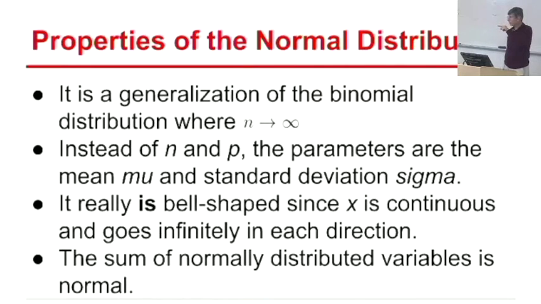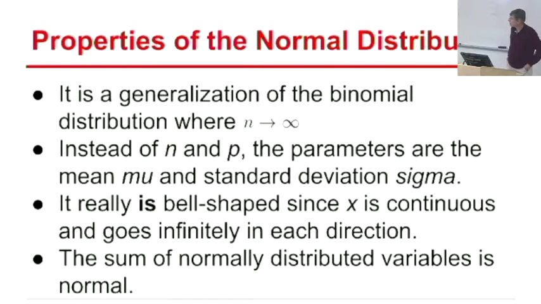Is that right? And if I add a normally distributed value to itself, that's also going to be normally distributed. So this is an argument that a linear combination of normally distributed variables should be normally distributed. Any questions about that?